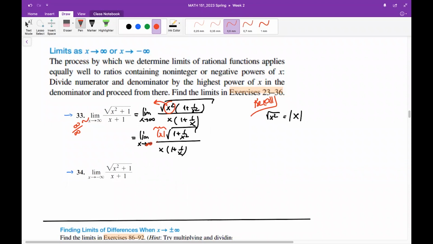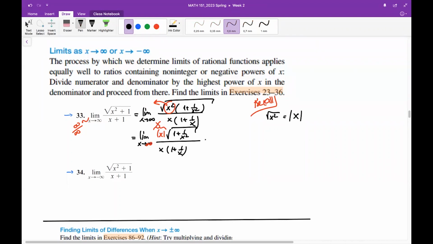So is x positive or negative? Tell me, please. x is around infinity, so x is obviously positive. Exactly. That's why we can evaluate this absolute sign as exactly it is without putting an extra minus sign in front of it. It is just x.